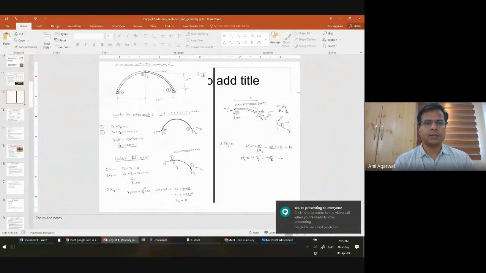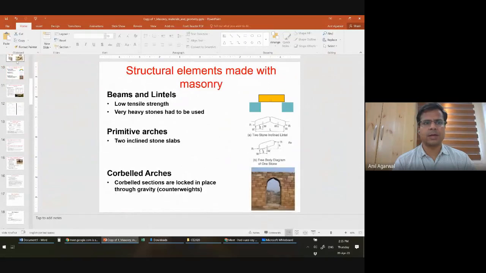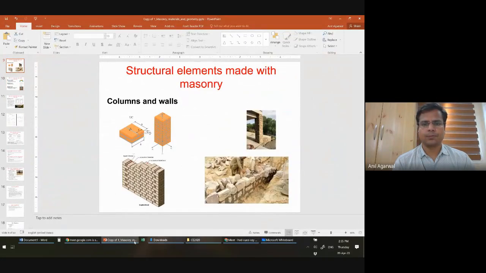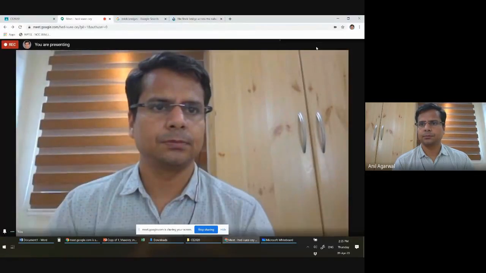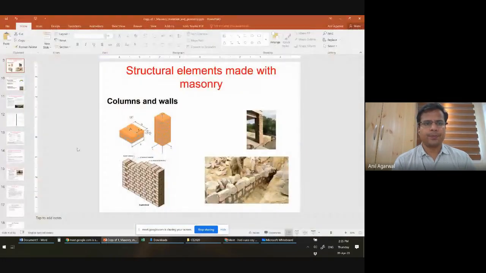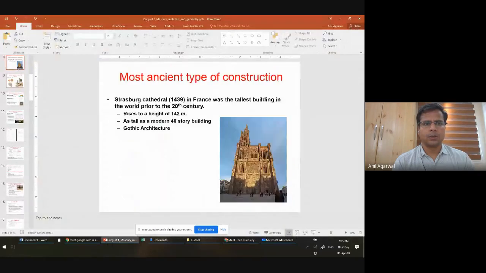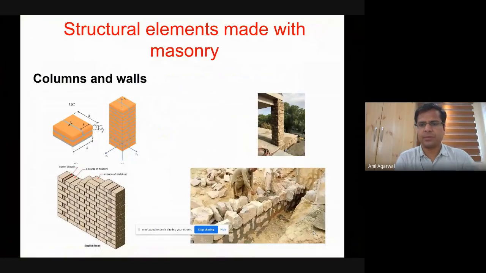In the previous class, we were talking about the various structural systems that we can make using masonry units, bricks, isn't it? Before that we had talked about some famous buildings and other structures that are made with masonry, and then we started talking about various kinds of structural systems that can be made with masonry.